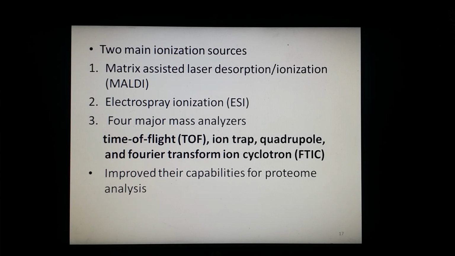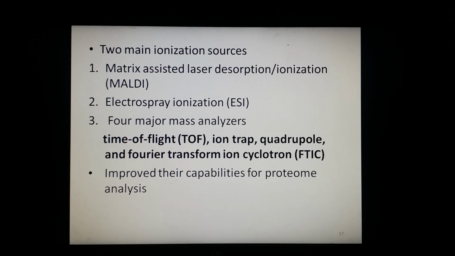A combination of mass analyzers in tandem, such as quadrupole TOF, that is time of flight, and quadrupole ion trap, has combined the individual strengths of different types of mass analyzers, and as a result of this combination, it has greatly improved their capabilities for proteome analysis.